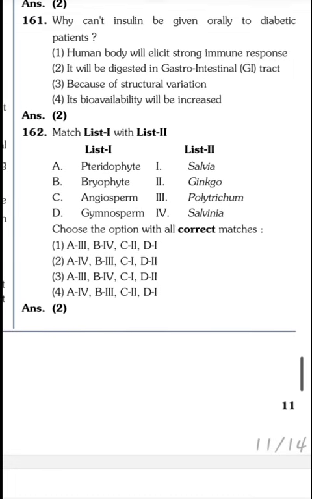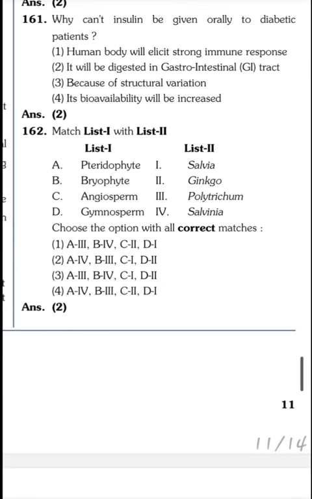Next one, it is from plant kingdom. Pteridophyte example is Salvinia. It's an aquatic fern. I told you that it is seen in Yercaud lake. Yercaud is called the poor man's Ooty. So I collected it from there. Salvinia is an aquatic fern which floats in water. Bryophyte is Polytrichum, it is a moss.